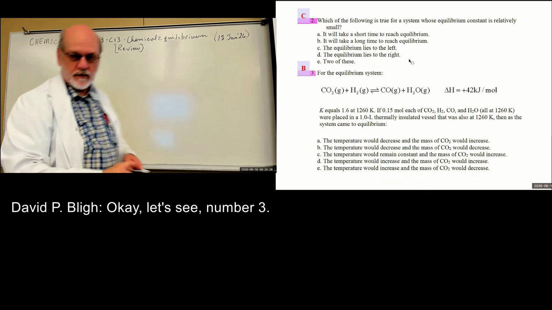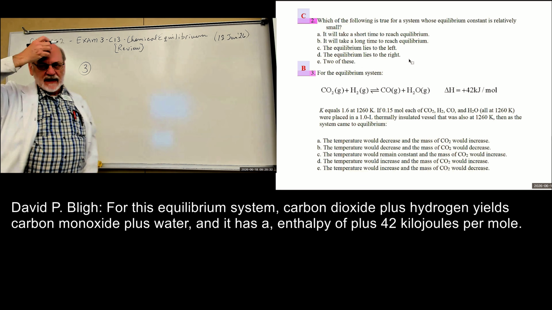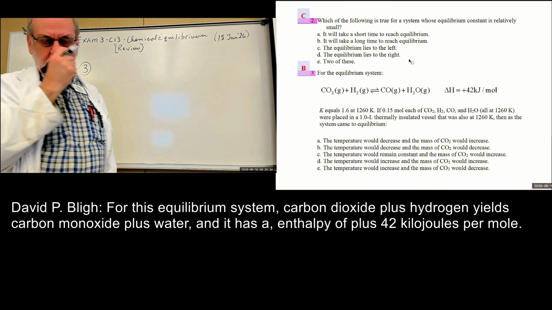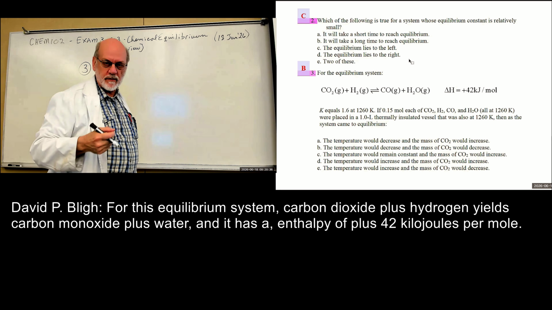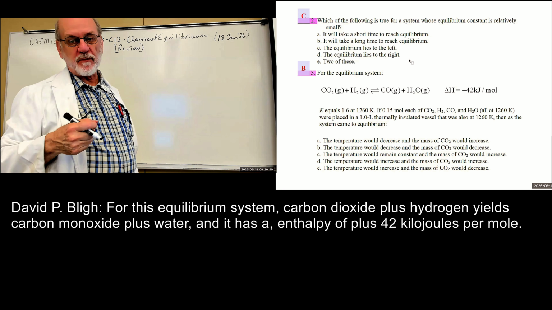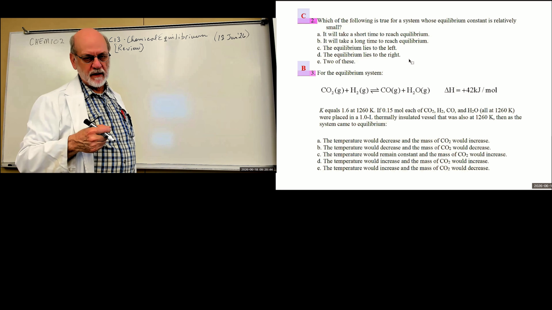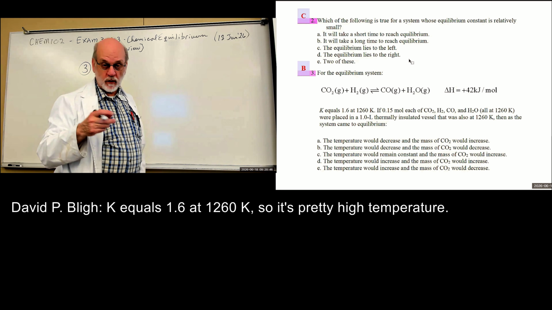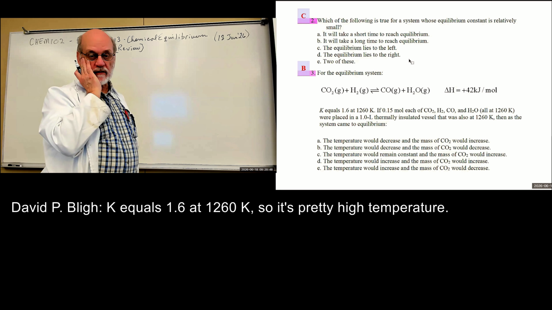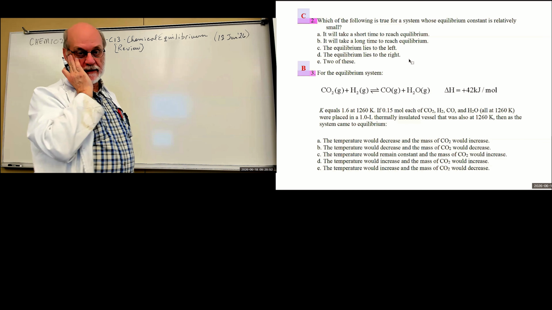Okay, let's see, number 3. For this equilibrium system, carbon dioxide plus hydrogen yields carbon monoxide plus water, and it has an enthalpy of plus 42 kilojoules per mole. K equals 1.6 at 1260 K, so it's pretty high temperature.